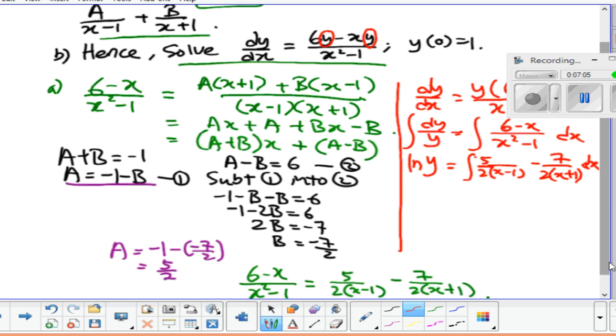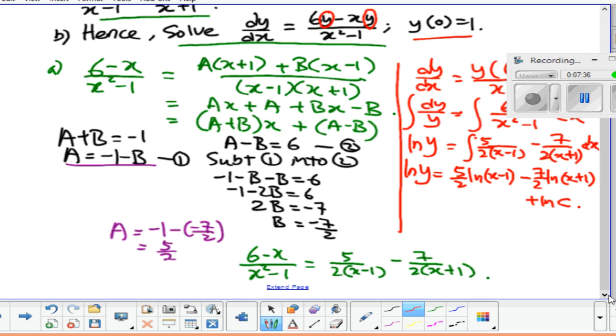Alright, so what we're going to get is natural log of y. Over here is 5 over 2 natural log of (x minus 1) minus 7 over 2 natural log of (x plus 1), and then plus natural log of c. So basically that's the answer. Now, this is not completed, we still need to solve for this boundary condition.